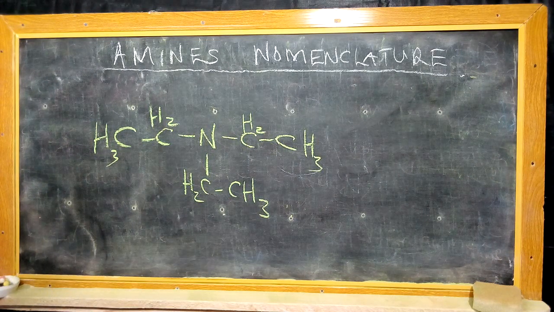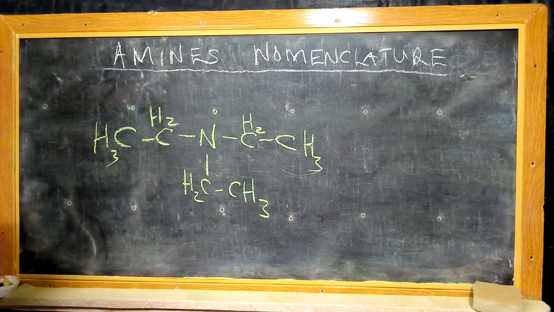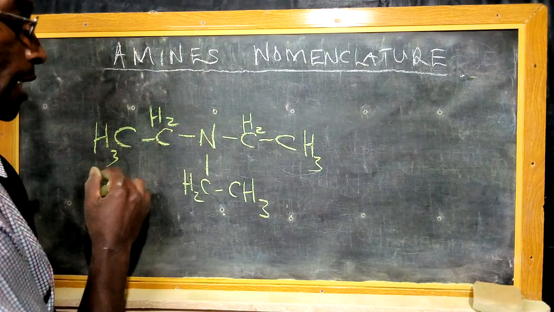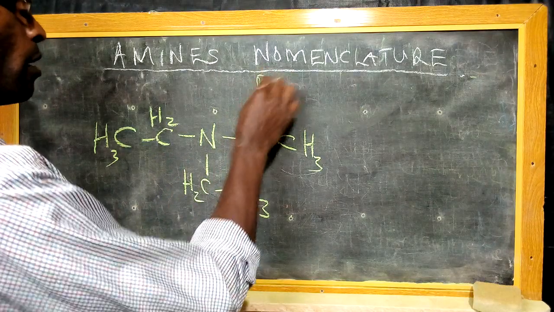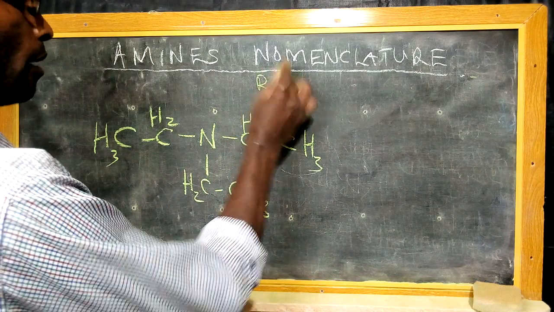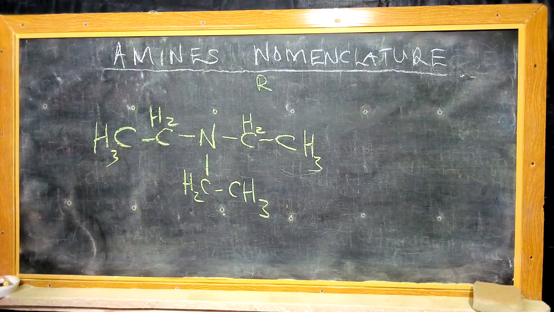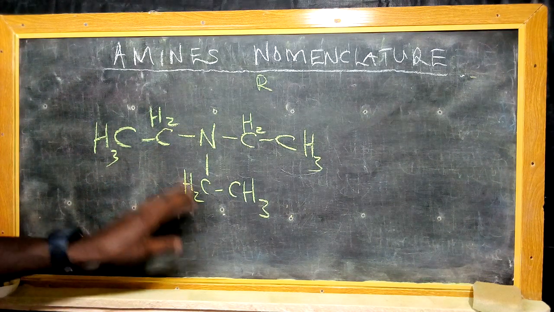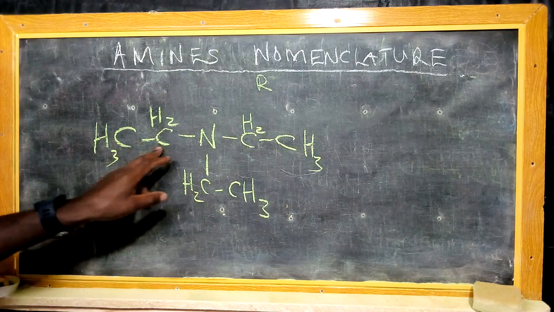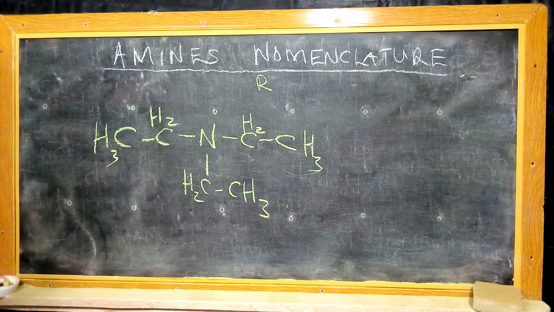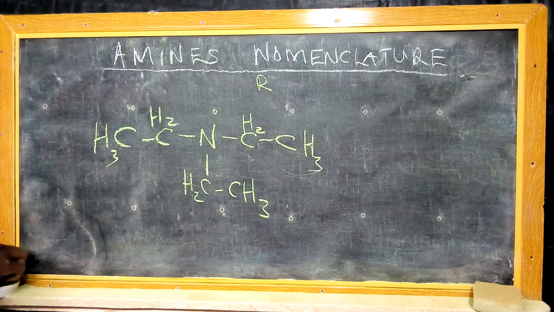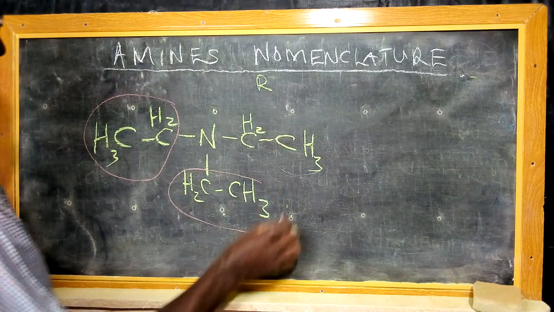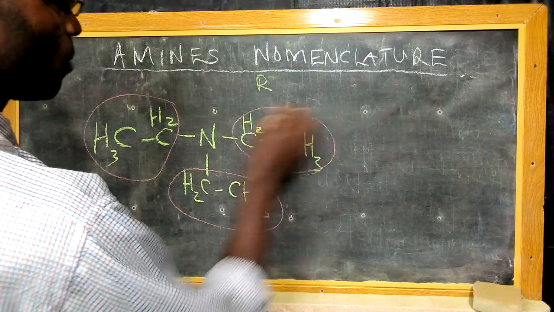So if we identify this one as well, you find that this particular nitrogen has been substituted by R groups. These are radicals, and from our alkane series we can identify these particular radical groups, we have actually 3 radical groups which are surrounding the nitrogen. This is the first one, this is the second one, and this is the third one.